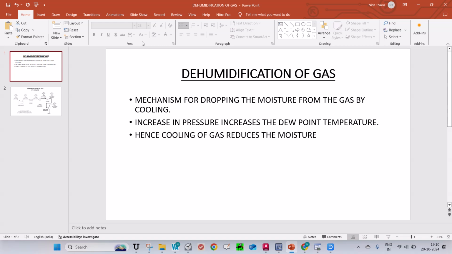The limit is about 5 ppm. If we go over 5 ppm, you'll be reducing the life of the membrane. Because of these factors, it becomes very important to remove the moisture.